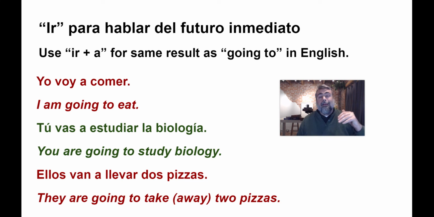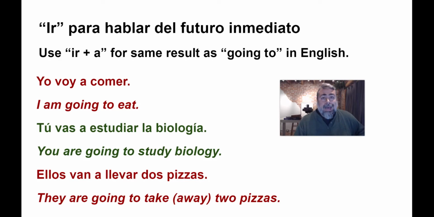So maybe it's Saturday. So yo voy a comer, I am going to eat. Yo voy a comer el sábado, I'm going to eat on Saturday. It's a little weird that you might wait till then. You could even say, I'm going to eat next year. Yo voy a comer el año que viene, the year that comes.